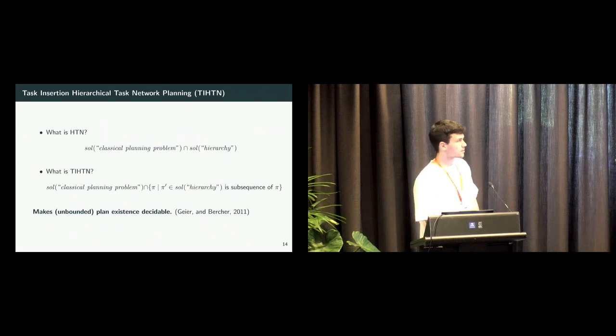Okay. So to sum this up, we looked at two more things that could increase this complexity. And the first was task insertion hierarchical task network planning. You can see this as kind of a relaxation of the original HTN constraints, in the sense that instead of decomposing the initial task network to the whole sequence that is the plan, you just need to find a subsequence which you can obtain from your initial task network.